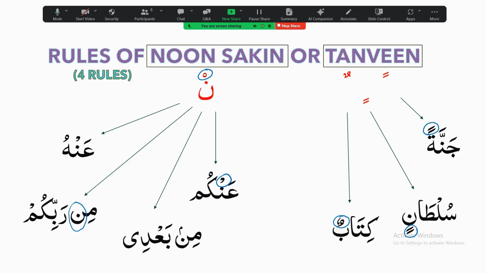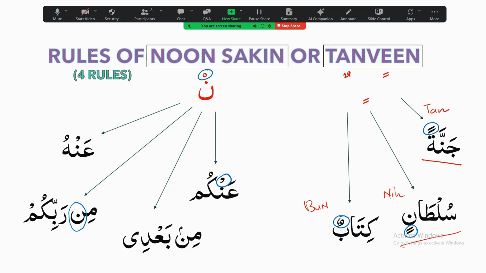You see, the noon sakin is something like this, noon with a sakin, and tanween is these three symbols that you can see in all of these examples, right? Of jannatan, the tan sound at the end, or sultanin, the nin sound, and kitabun, the sound that you see at the end.